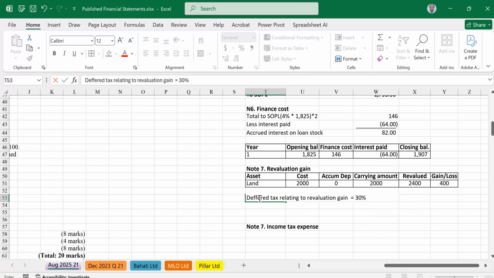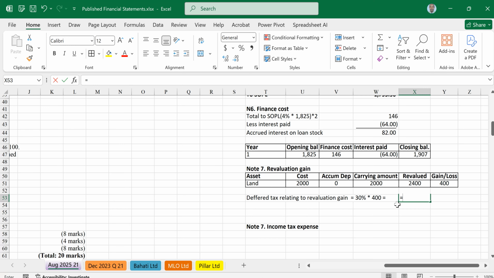Then you multiply that with the gain of 400. So 400 times 30% is 120.